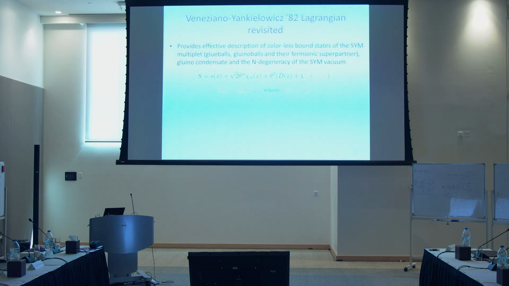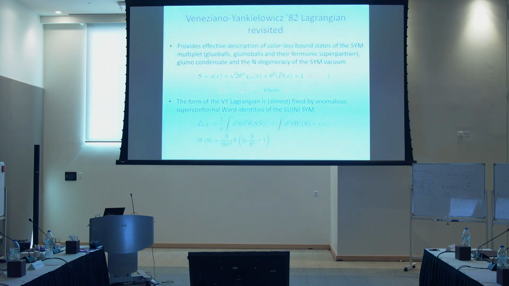So again, for simplicity, I will often use, instead of the 3-form, its 1-form dual, calling it the vector C_m, in the description. Now, the Veneziano-Yankielowicz Lagrangian is almost fixed by requiring the anomalous superconformal Ward identities of the super-Yang-Mills theory, and it has the following form here. So this is the superpotential, which has this structure here.